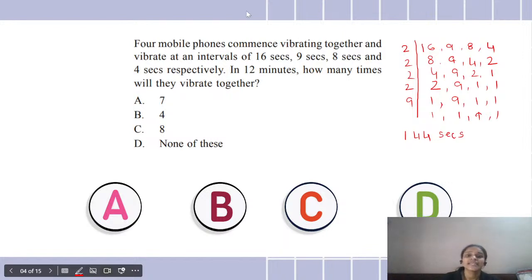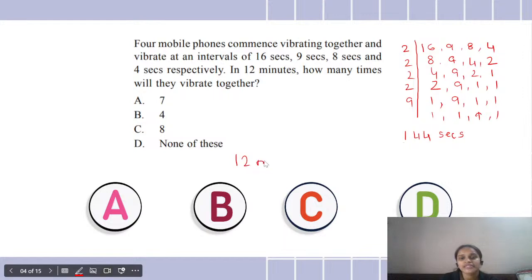Now they are asking in 12 minutes, how many times will they vibrate together? Okay, in 144 seconds, they all vibrate together. So 12 minutes में वो लोग कितनी बार vibrate करेंगे? So in 12 minutes, first I will convert this into seconds. Okay, so because my answer over here is in seconds.